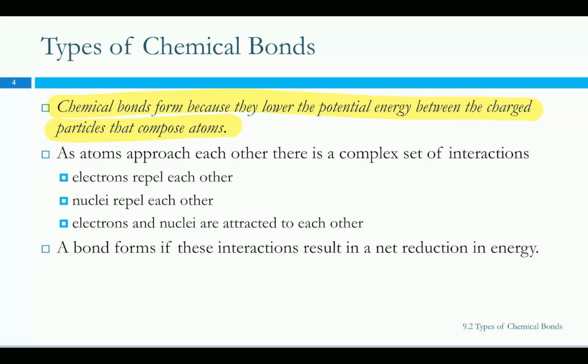So you've got all three of these forces competing against each other when two atoms come into contact. If the result of all three of those forces ends up in a net reduction in energy, that's when you form a bond, because now it's energetically favorable and the nuclei and electron repulsions are less than the attraction between the opposite charges.